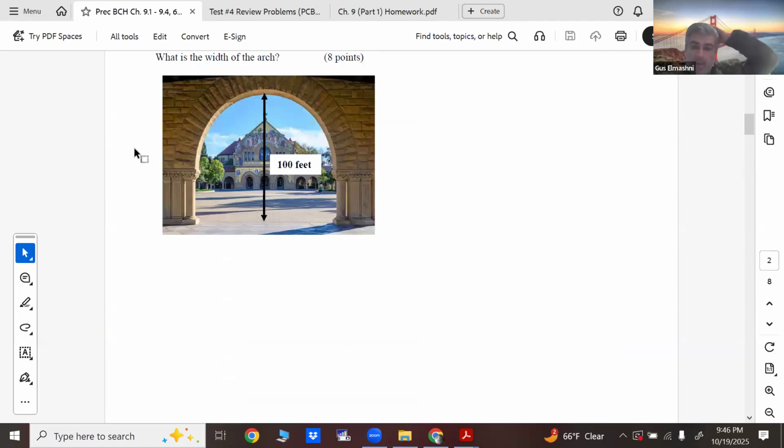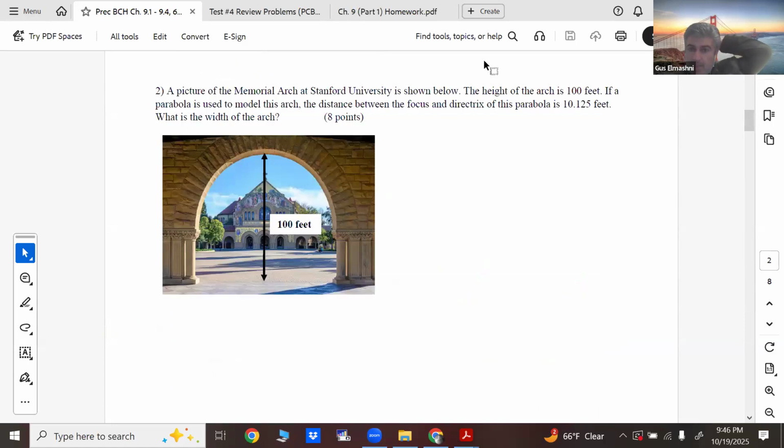is understanding the diagram. It's actually a very clear picture. So we have a parabola here. I put the vertex at the origin. And then it told us 100 feet tall, so this is at x comma -100.